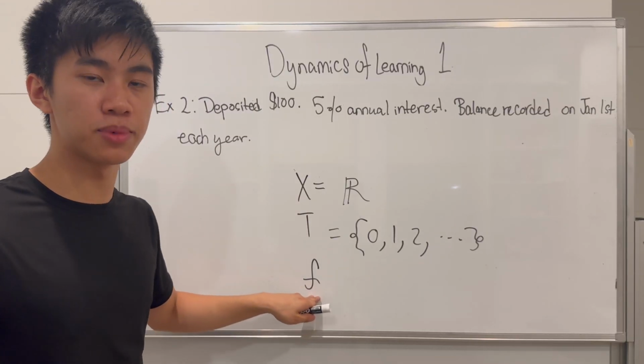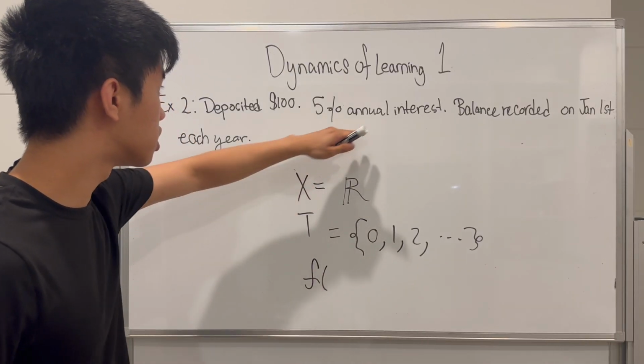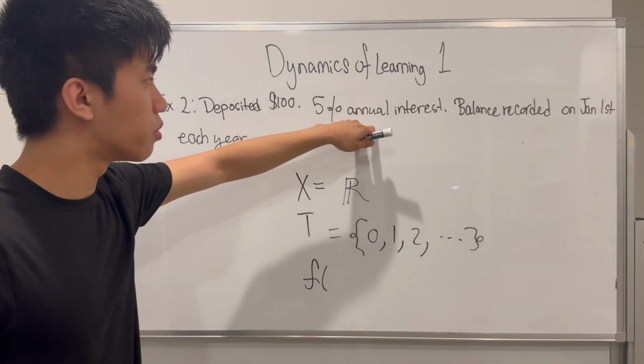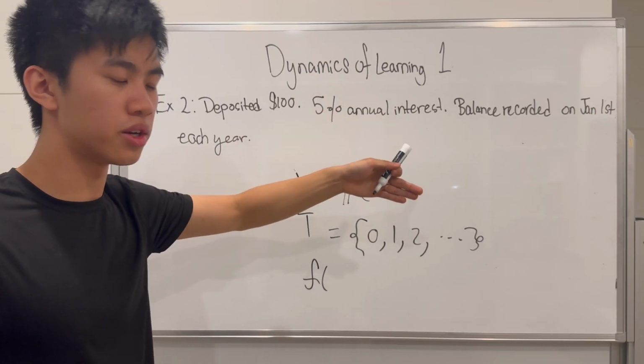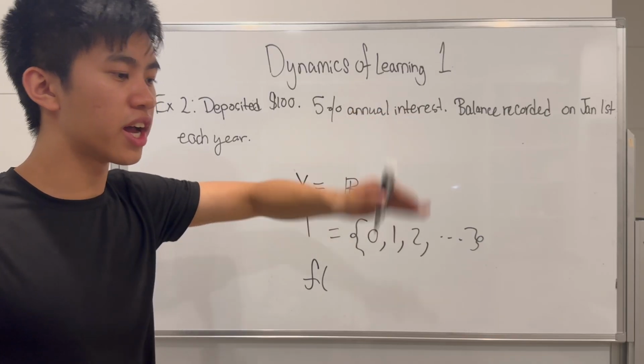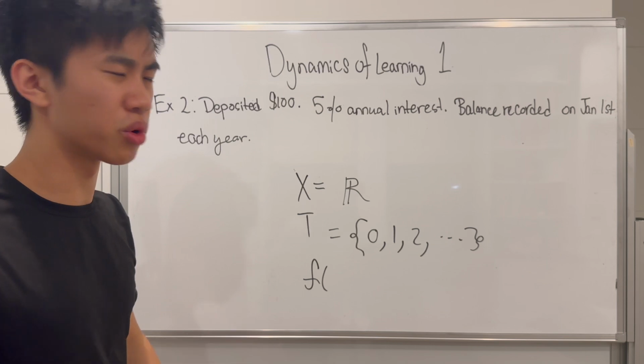Now, because we're worried about these discrete time steps, this is a discrete time dynamical system, and in those, we can define an update rule or a map. And in this case, since we have 5% annual interest, each term n plus 1 is only defined in terms of the nth term. Sorry, what do I mean by that?